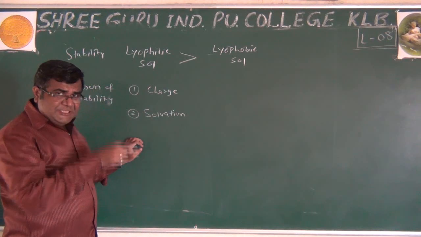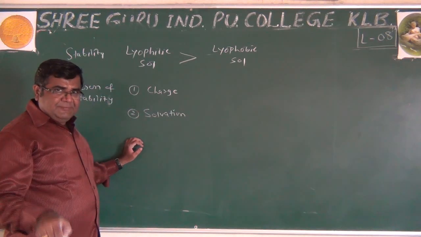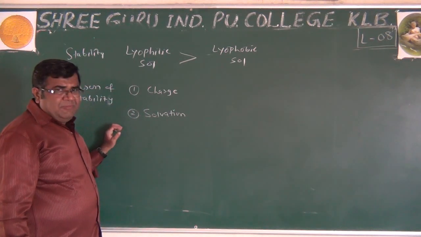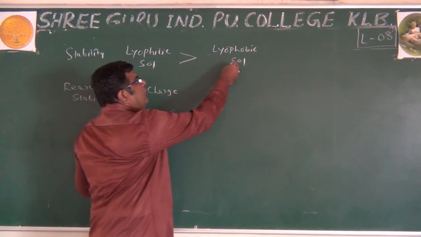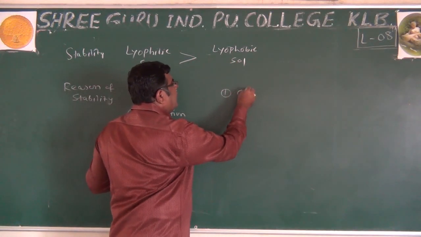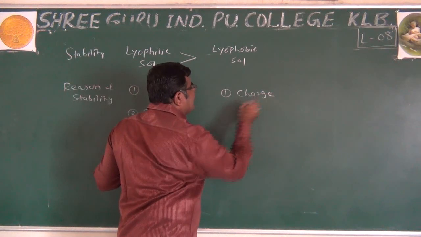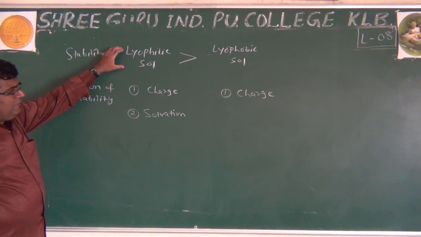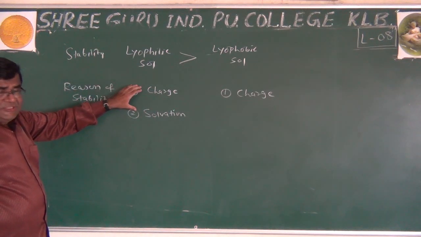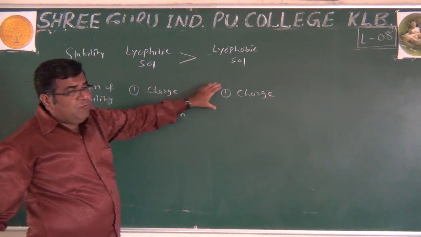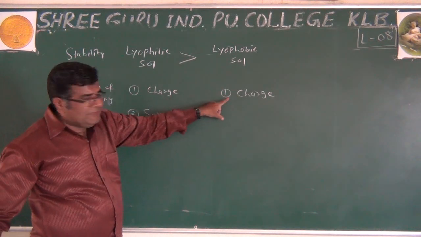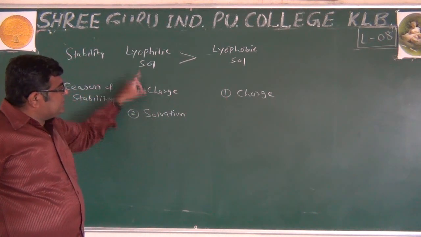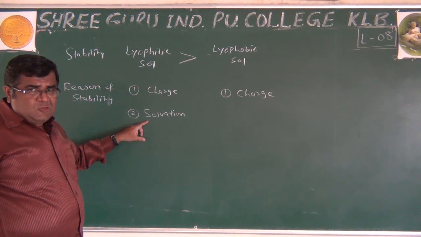They are heavily solvated and it makes them more stable. Lyophobic sols are stabilized only by charge. There is no solvation in the lyophobic. So lyophilic are more stable than lyophobic because in addition to charge, one more factor which gives them stability is their solvation.